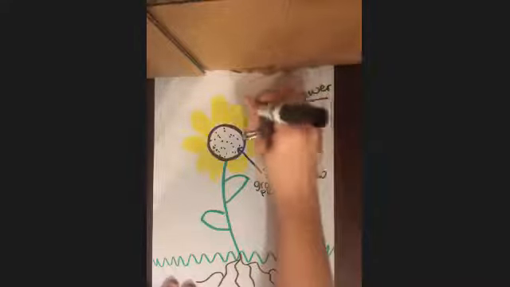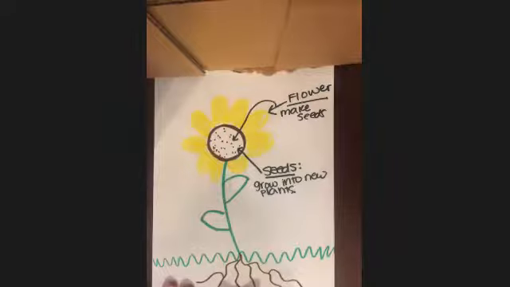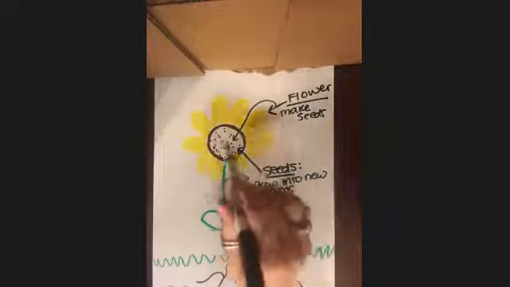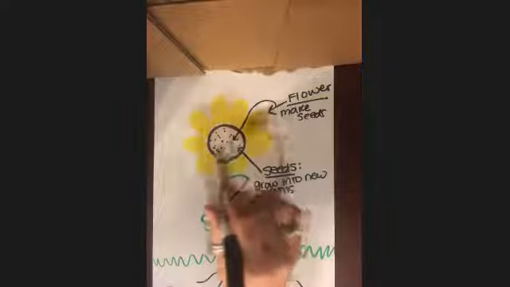And it's going to make the seeds right in the center, okay? So that's where you're going to see those seeds. The seeds we pointed out, the little specks, we find them right there in the center of the flower. And that's the flower's job, is to make seeds so there will be more flowers. So it'll have more flower friends.